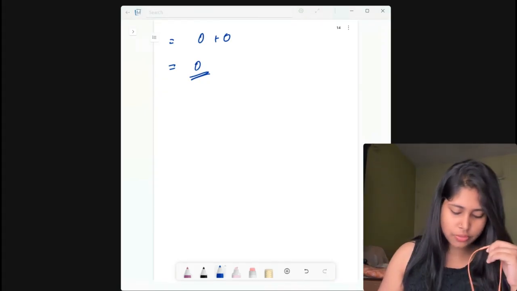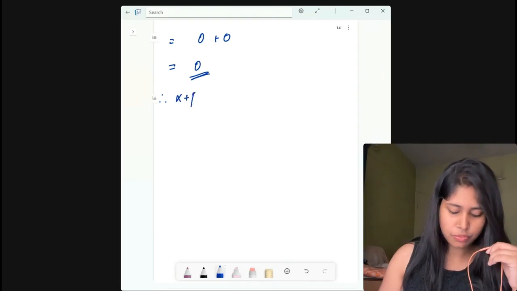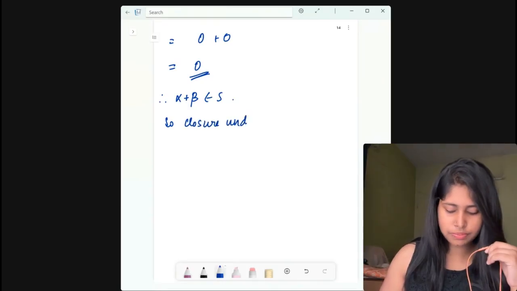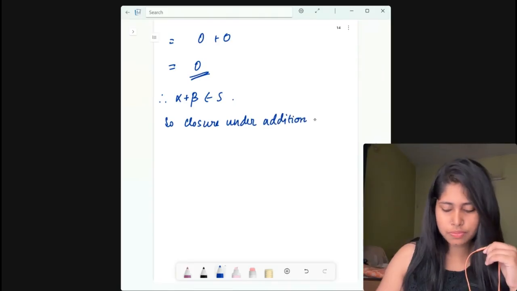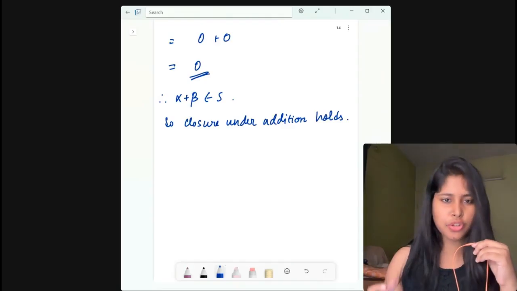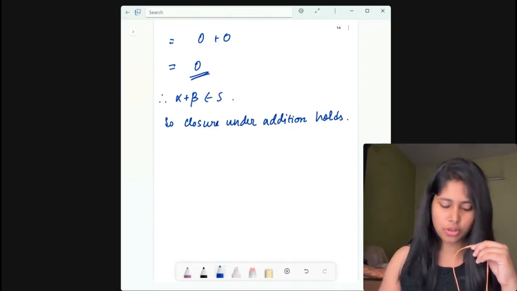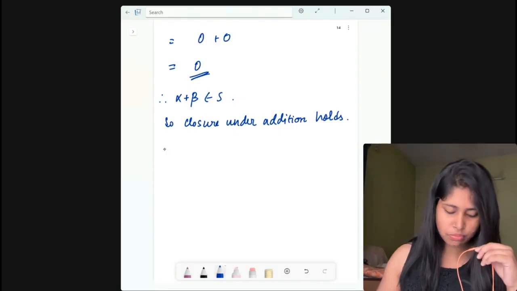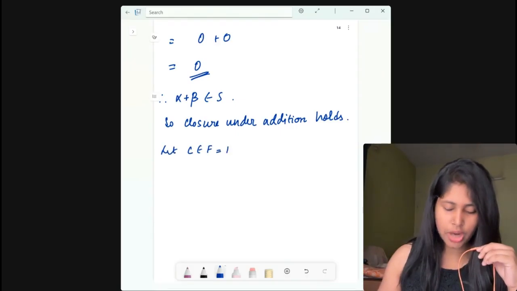For the first part here, you can also write like this: alpha plus beta will belong to S. So closure under addition holds. So you are writing it and mentioning that you have proved that this condition holds. Now coming to the next part. All right. Now see, let c belong to F, which is equal to R here.